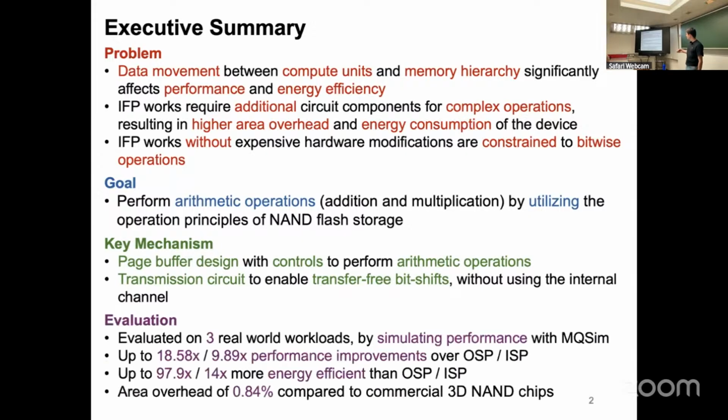They evaluated Aries Flash on 3 real-world workloads by simulating the performance with MQSim, and achieved up to 18.5x and 9.9x performance improvements over out-of-storage processing and in-storage processing, and also 97.9x and 14x more energy efficiency than out-of-storage and in-storage processing. The mechanism uses 0.84% area overhead compared to commercial 3D NAND chips.